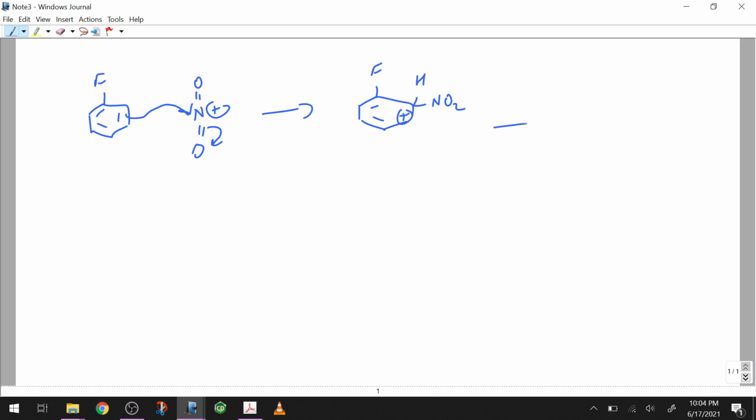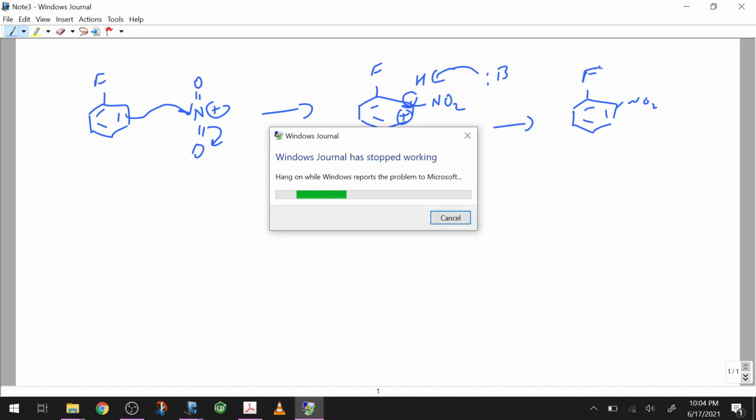And then some friendly neighborhood base, probably water from the previous step, comes in, removes that proton, reforms the pi bond, and we're here. The other version is not that much different.